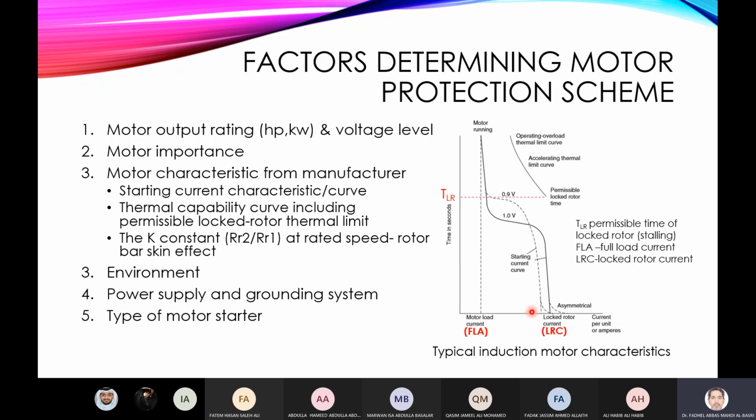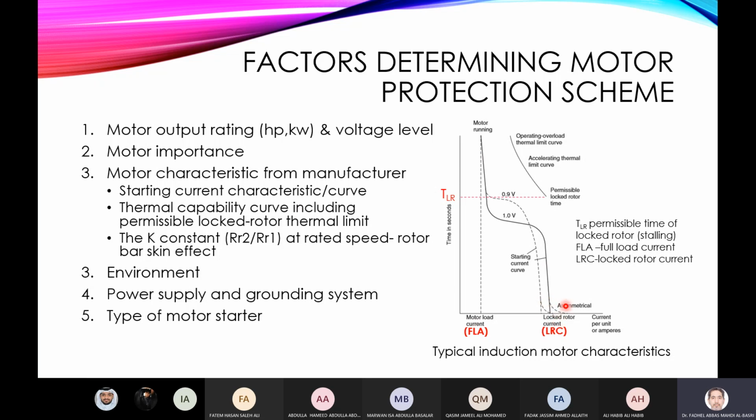That's why we sometimes use starting techniques to reduce the starting current by reducing the voltage, but that will increase the time required to accelerate to the rated speed.